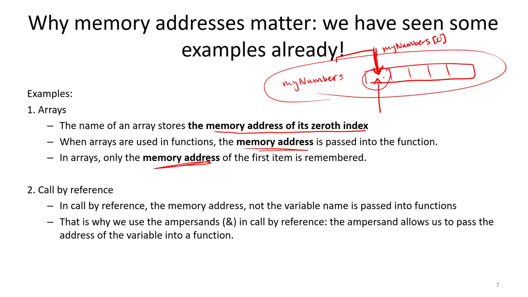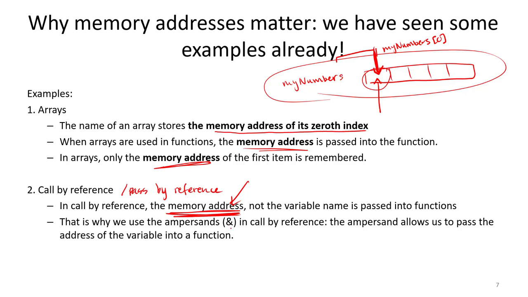Another place where we have already used memory addresses is when using call by reference or pass by reference. Remember, in call by reference, you're actually plugging in the memory address where that variable lives into the function. And so that is why functions can directly change their own arguments, because they have permission to go straight into the memory and change it.